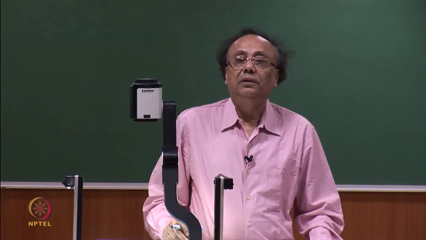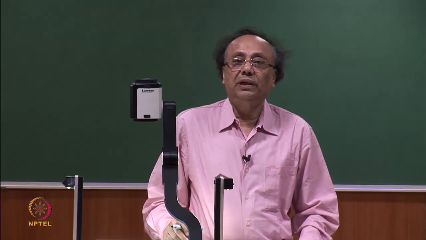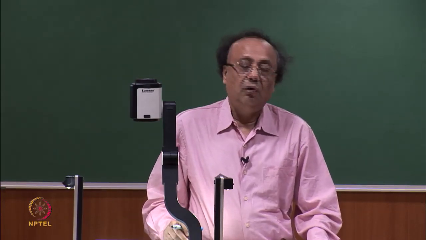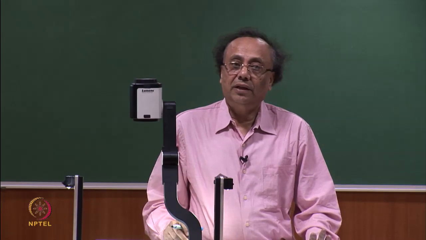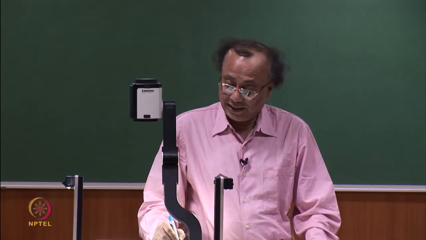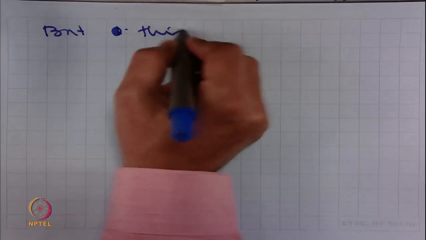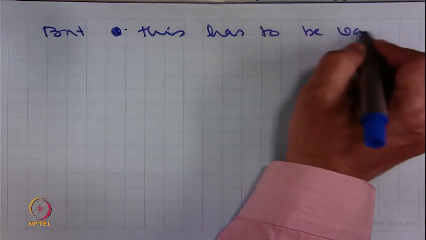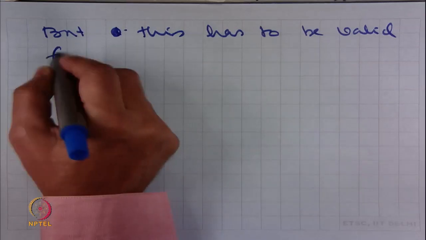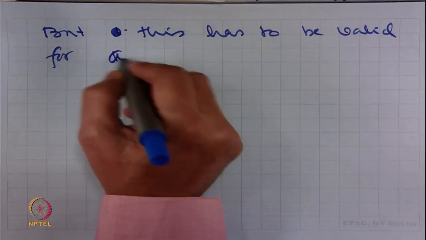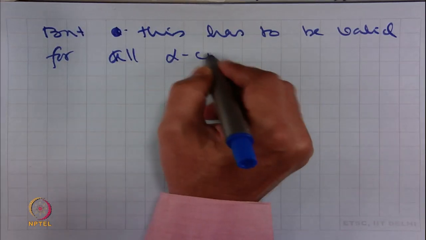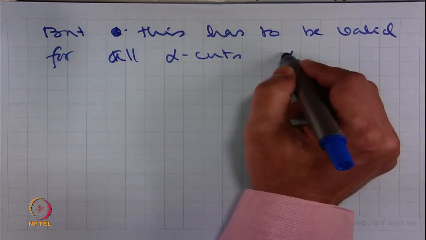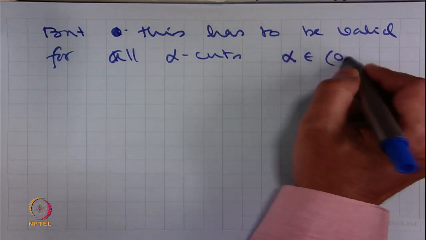As before, here we are looking at only the interval arithmetic, but this has to be valid for all alpha cuts, alpha belonging to 0, 1.